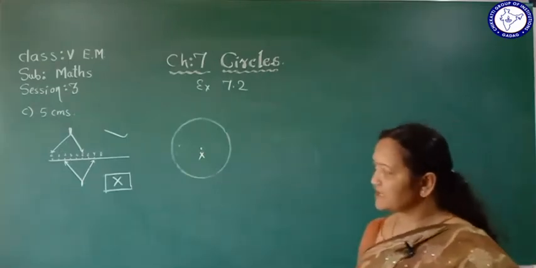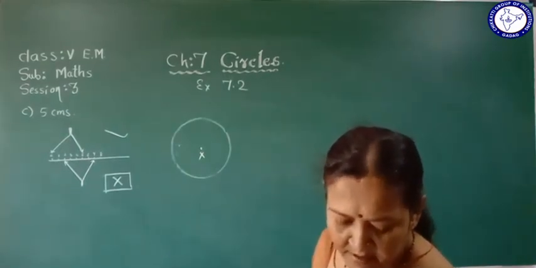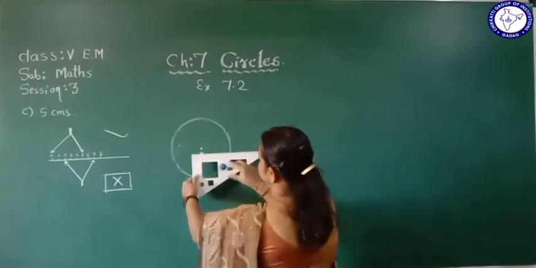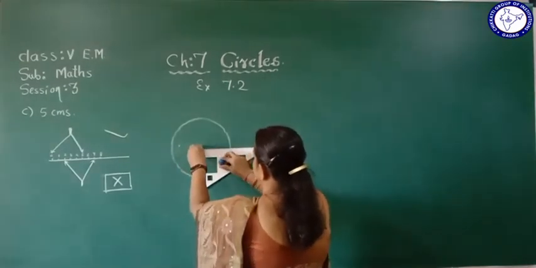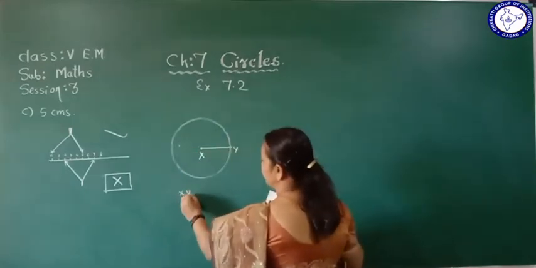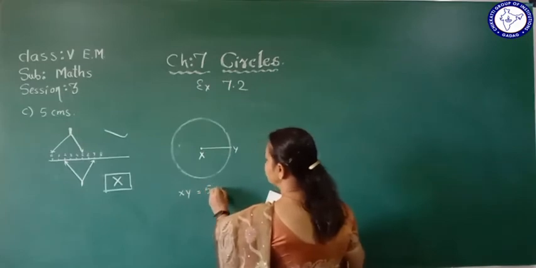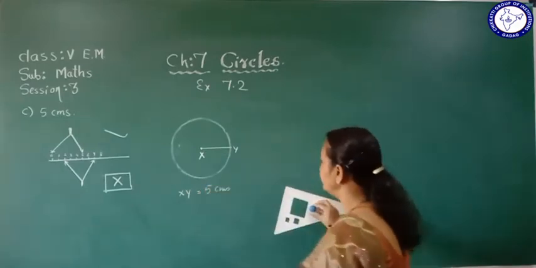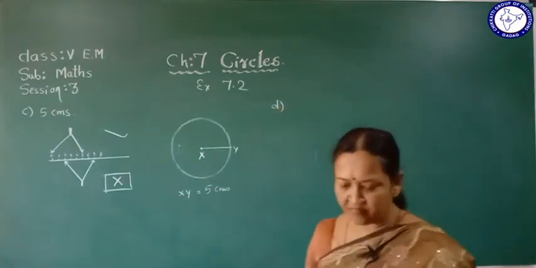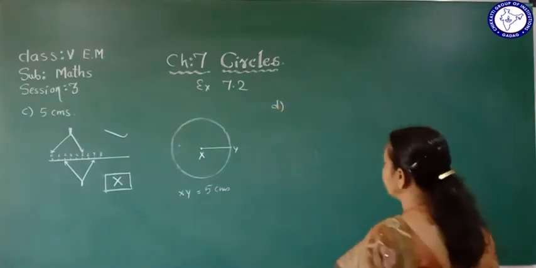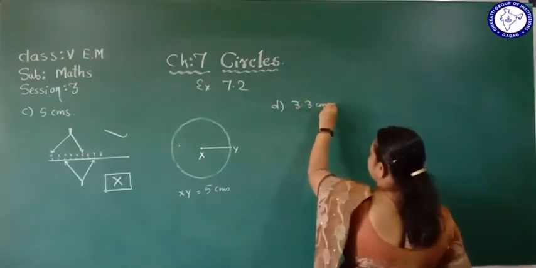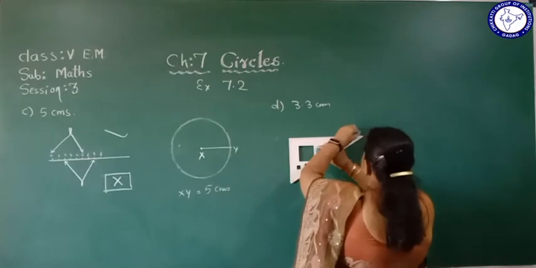This is the circle of 5 centimeter. Then let me draw a radius of the circle. Mark it Y. Here XY is 5 centimeters. Then D question. Here D question is 3.3 centimeter. Now let me draw the scale first.